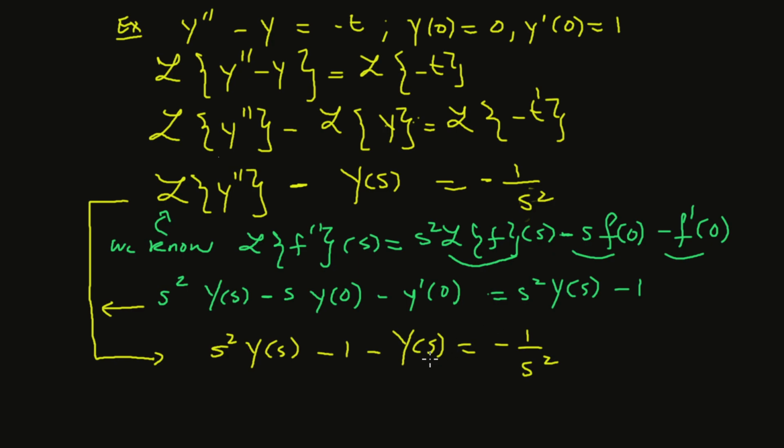All right, so what's going on here? We have everything actually solved, and we know what the capital Y of s is. We just need to use algebra to get it done.